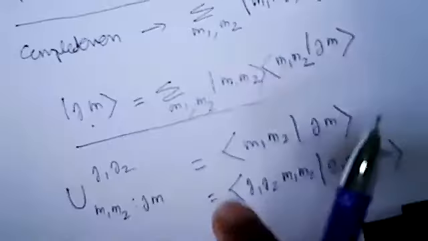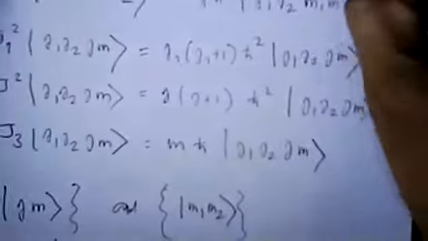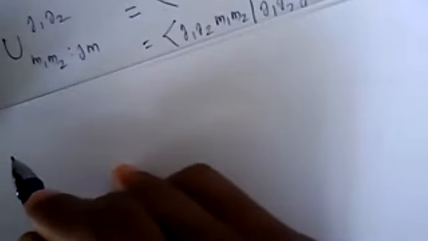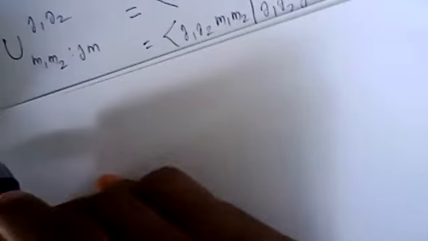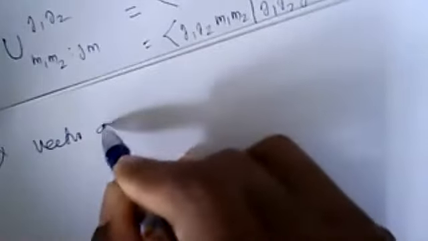Finally, it is in the form of a matrix. And I will tell the various names for you. So the coefficient U is known as, one name is vector addition coefficient.